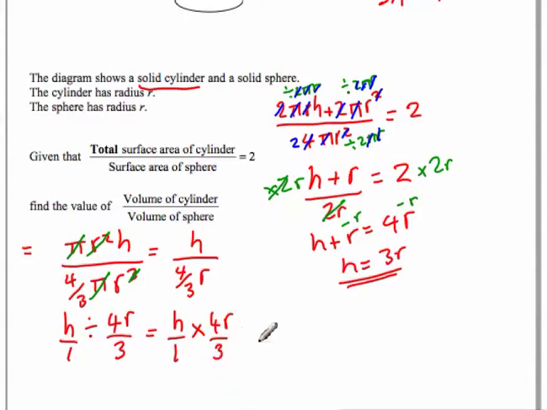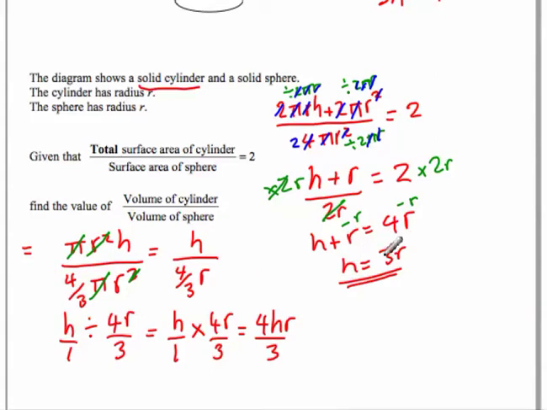Let's see, how will I write that? 4hr over 3.